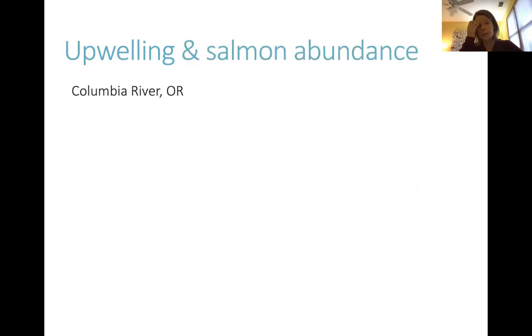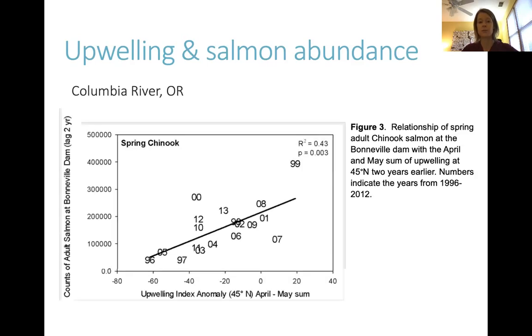This brings us to, well, the end, as well as the assignment that I will post on Canvas, and it will be posted by the time this video is available. So it should be up there at this point, talking about upwelling and salmon abundance. This is not specifically algae oriented. We're looking kind of higher up the trophic level, specifically in the Columbia River in Oregon. I'm not going to go into detail about what this is showing.